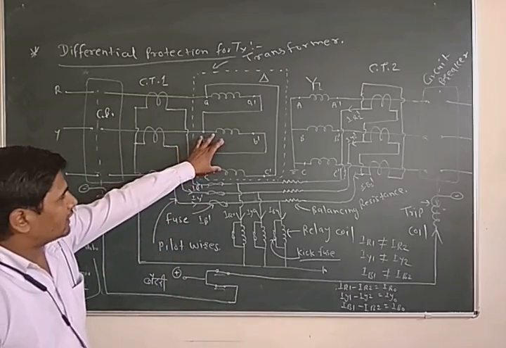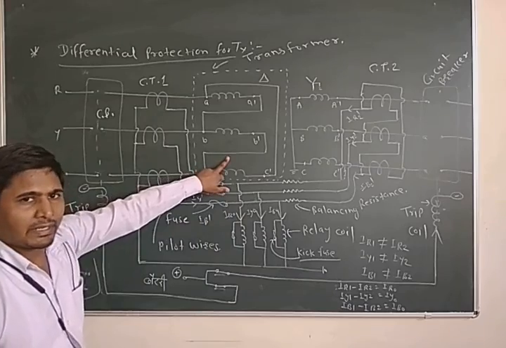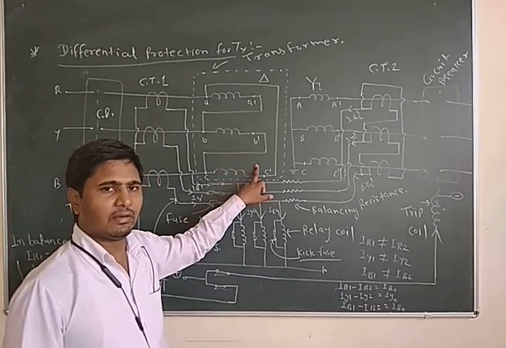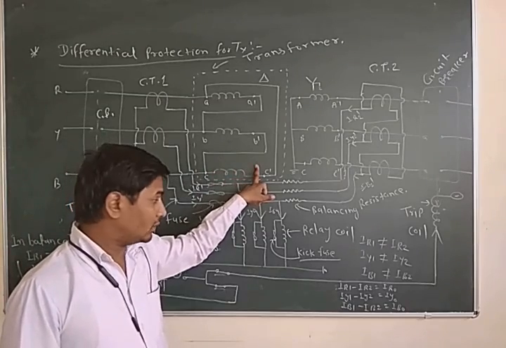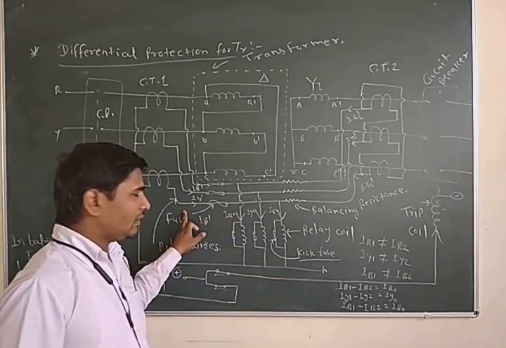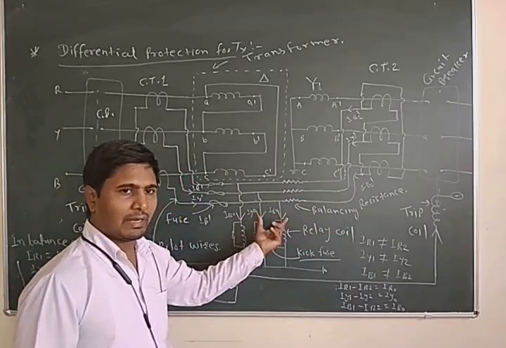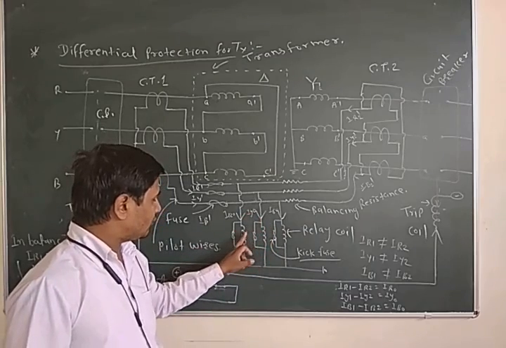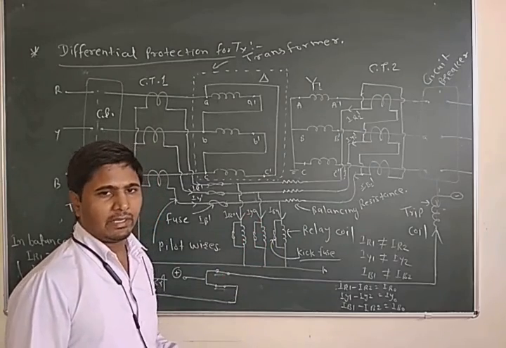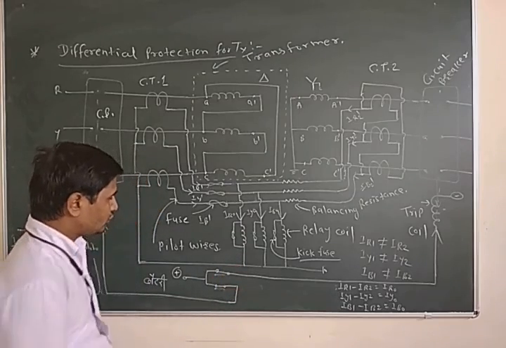When our transformer is initially energized, the magnetizing current in the transformer is many times its rated current. That is known as inrush current. Due to inrush current, the output of the primary CT1 and the output of the secondary CT are not balanced. So the resultant current flowing in the relay operating coil is high in magnitude. To avoid this current we use kick fuses.